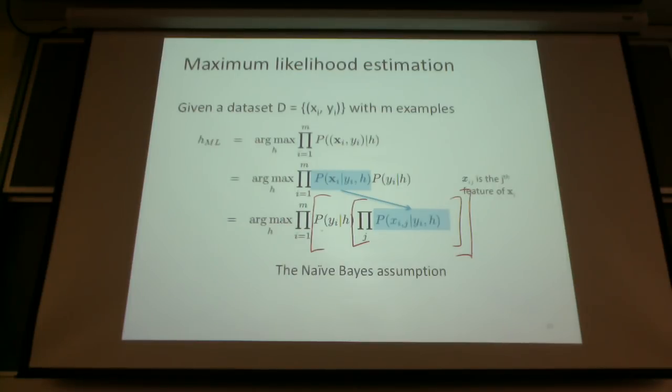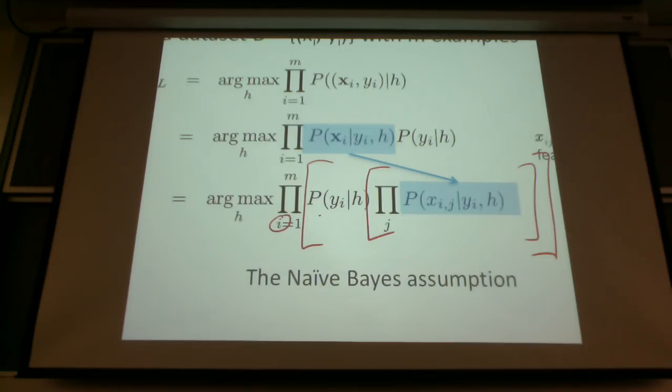One way of seeing that it's nested is that there's an i here and an i here, and there's a j here and a j here. So this whole thing is this bracket here, and this thing here is this thing. So we just track the probability of one example.